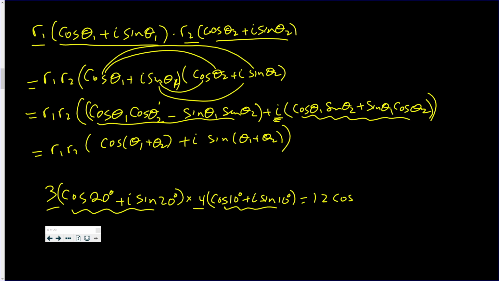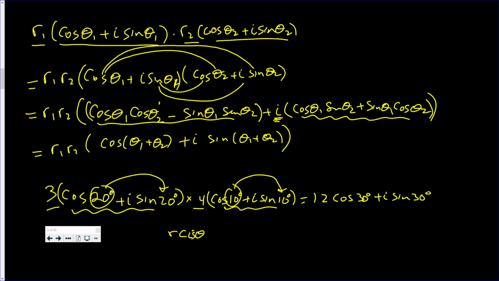It's going to be cosine of an angle plus i times the sine of the same angle. And what's the angle? Well, just add them. 20 and 10, 30. The other has to be 30 because if that's 20, that has to be 20, and if this is 10, that has to be 10. Otherwise, it's not in our cis theta form.